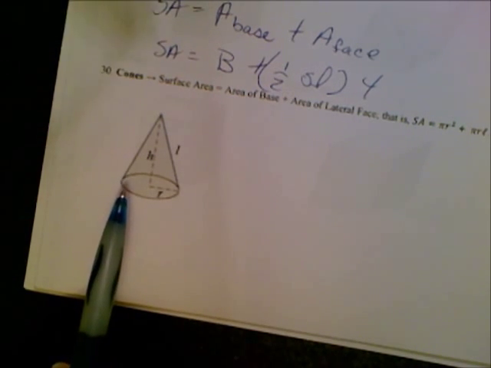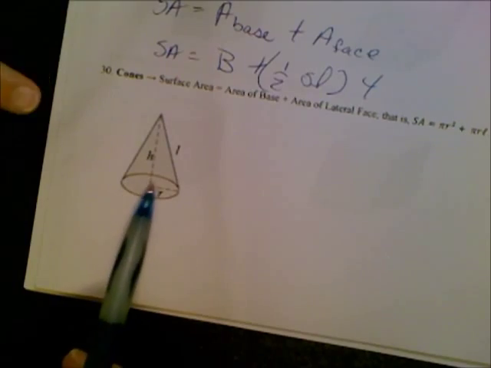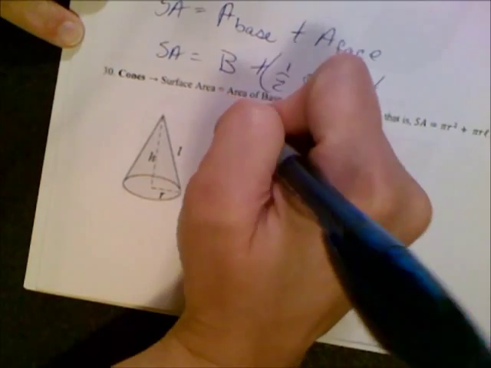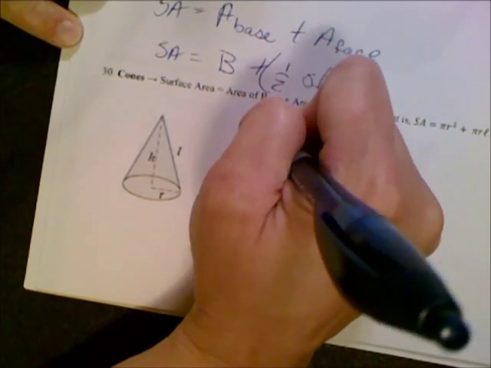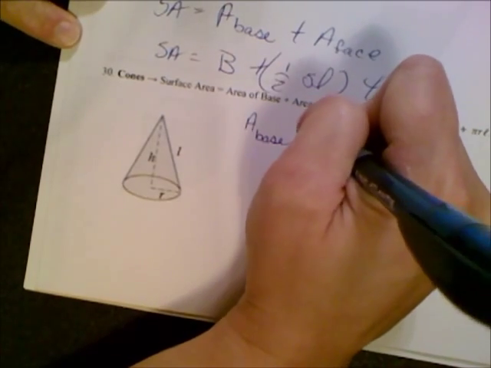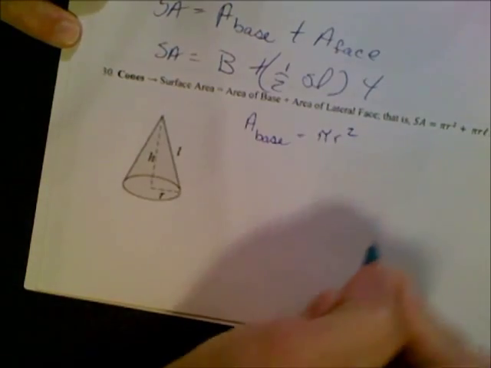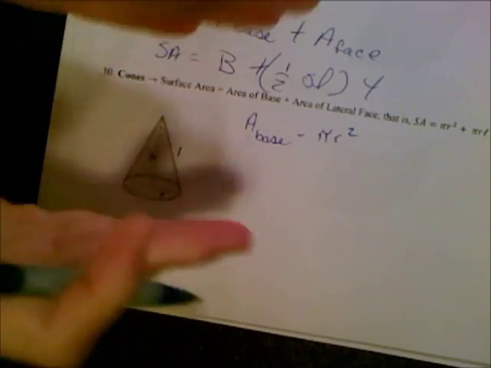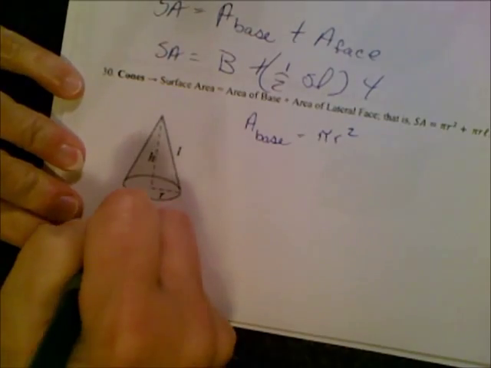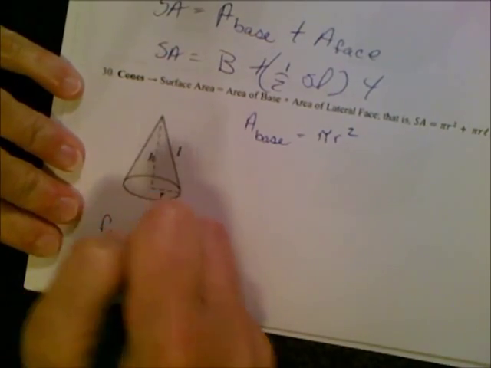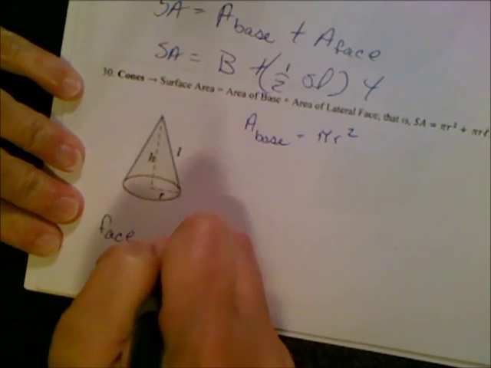Now, a cone is similar to a cylinder in that the area of the base is always going to be a circle, so the area of the base is going to be pi r squared. For the lateral face of a cone, you're going to open it up.